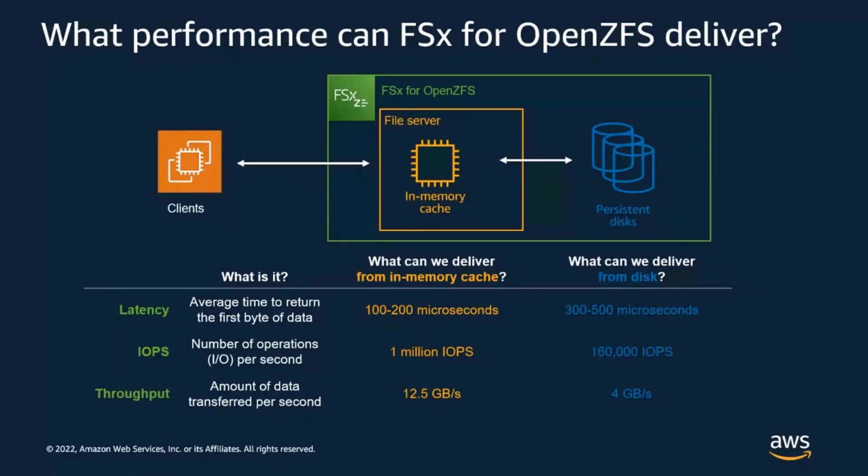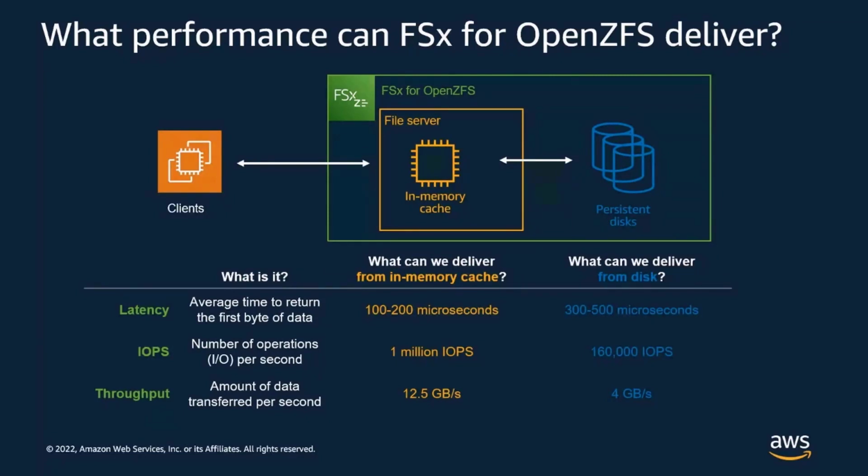So whenever clients access data from your OpenZFS file system, that data can be delivered either directly from the file server, so the in-memory cache on that file server, or it can be delivered from the disks attached to that file server. And because the data that's accessed from cache travels a much shorter distance, we're actually able to deliver higher levels of performance for that data versus the data that needs to be read all the way from disk.